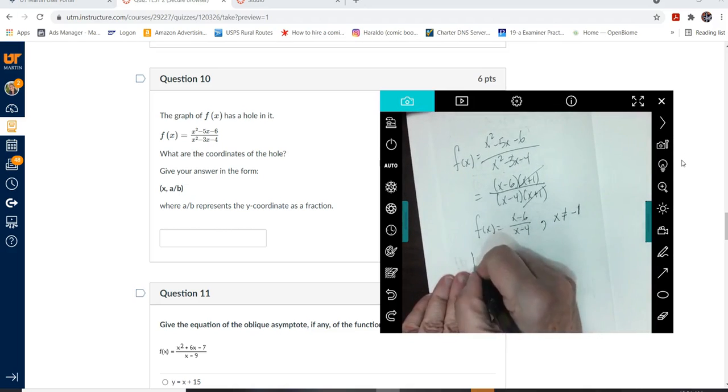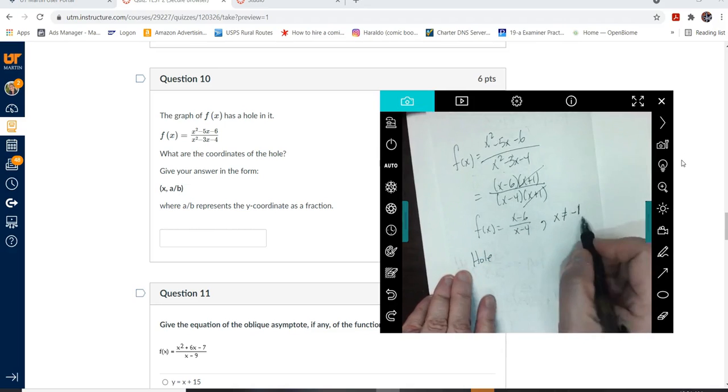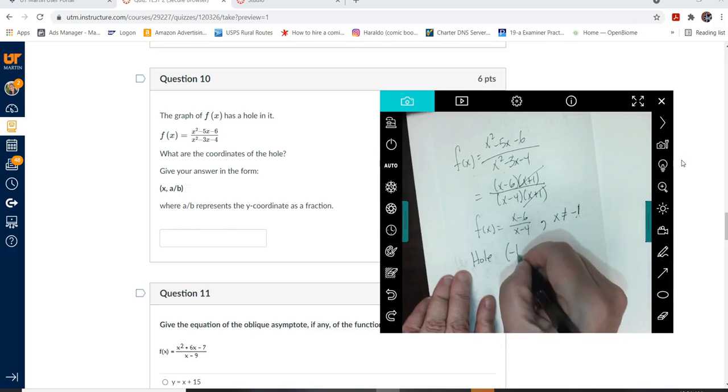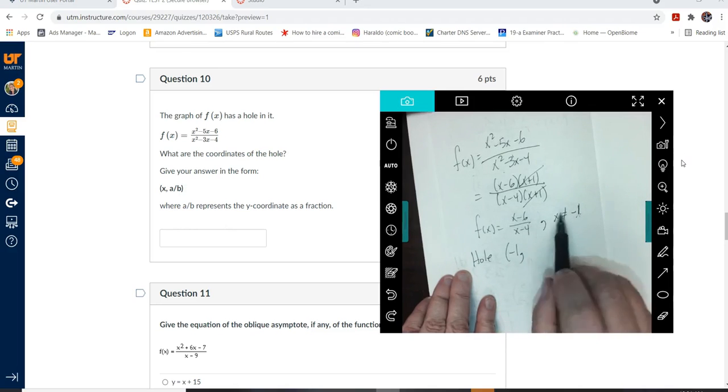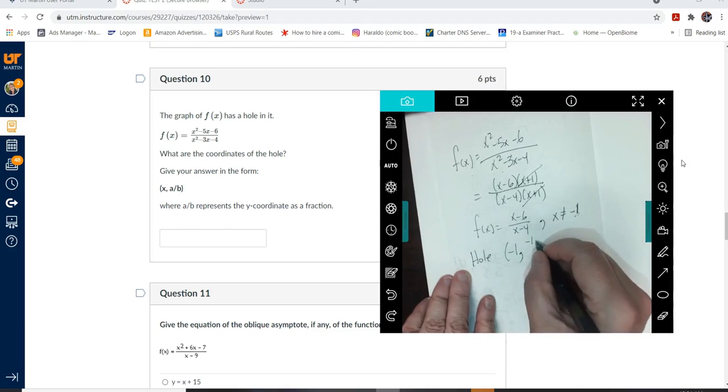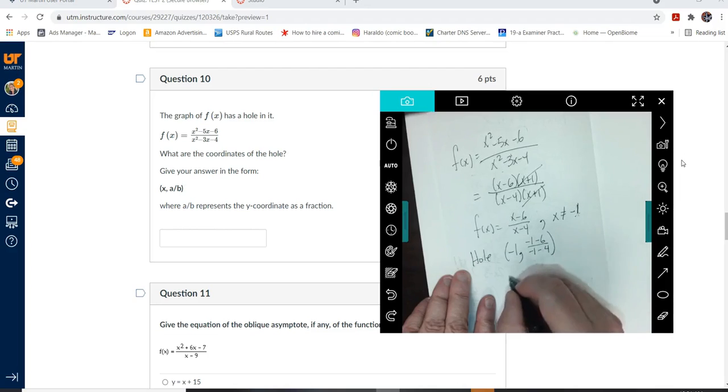Alright, now, where's the hole? The hole is going to have x-coordinate negative 1. What is the y-coordinate? You plug negative 1 into the reduced form. So I get negative 7 in the numerator, and I get negative 5 in the denominator.